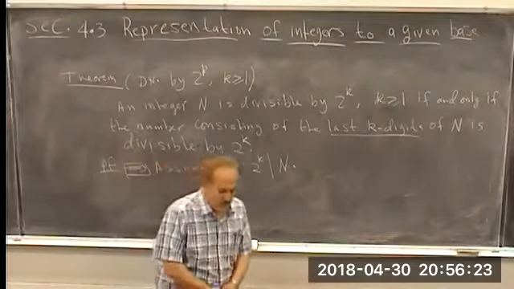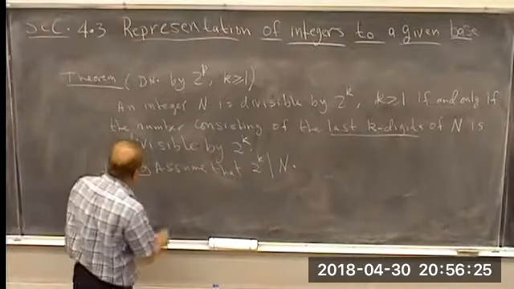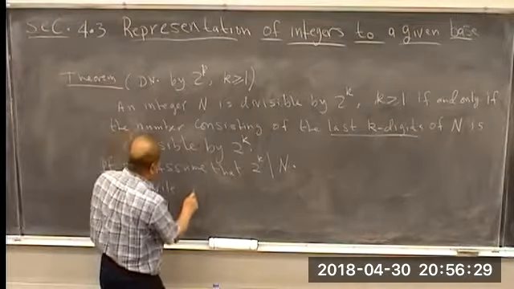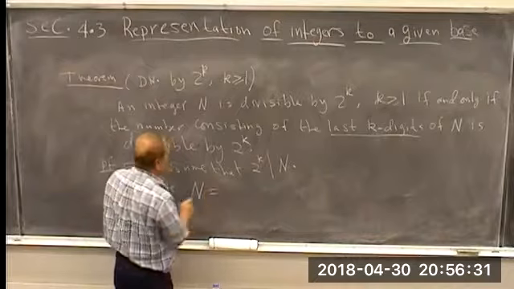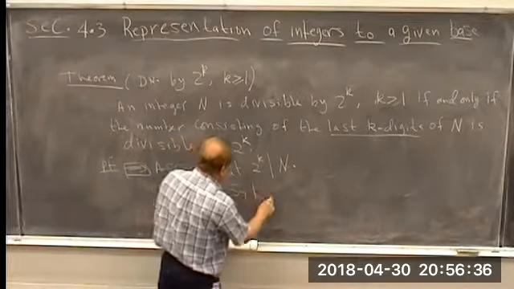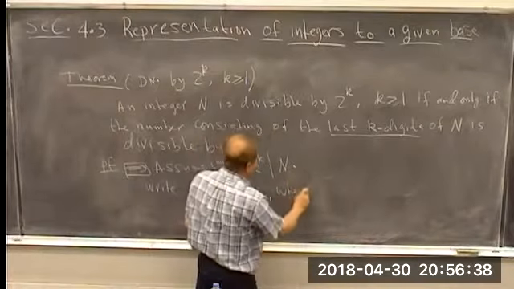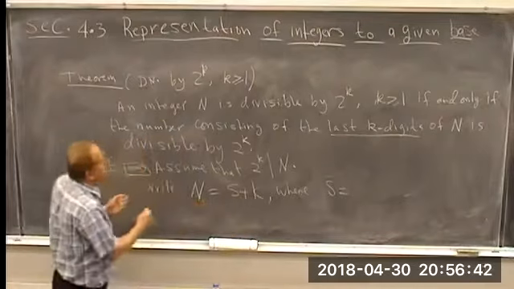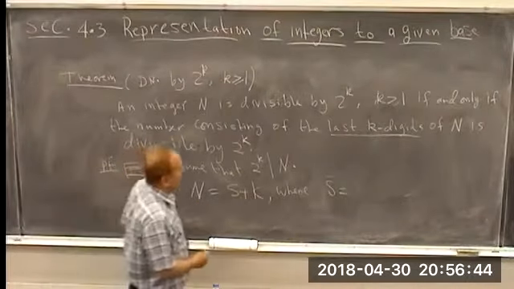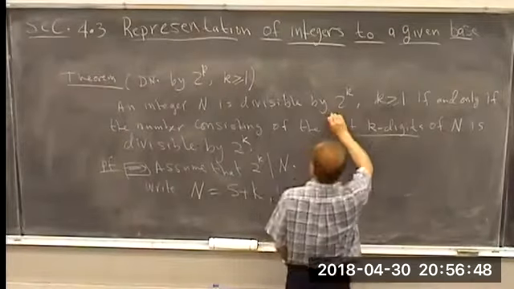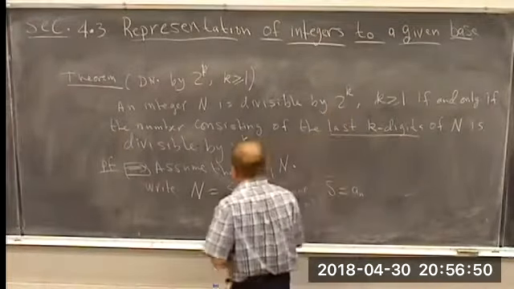So what we're going to do, we're going to write n as a sum of two numbers, s and K, where s is the first part from a sub n down to a sub k.